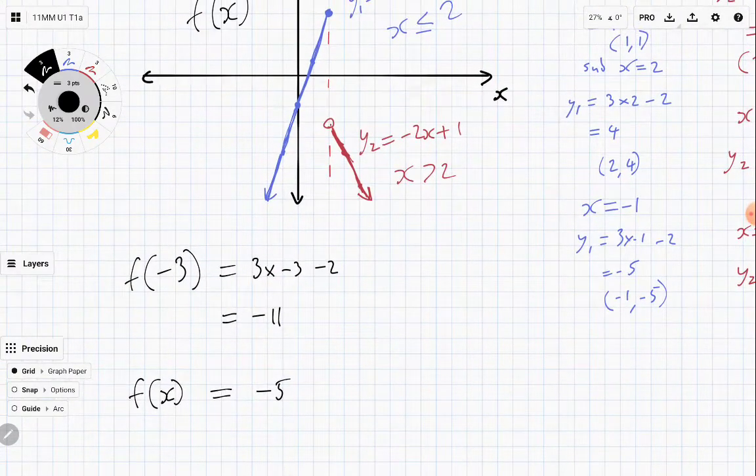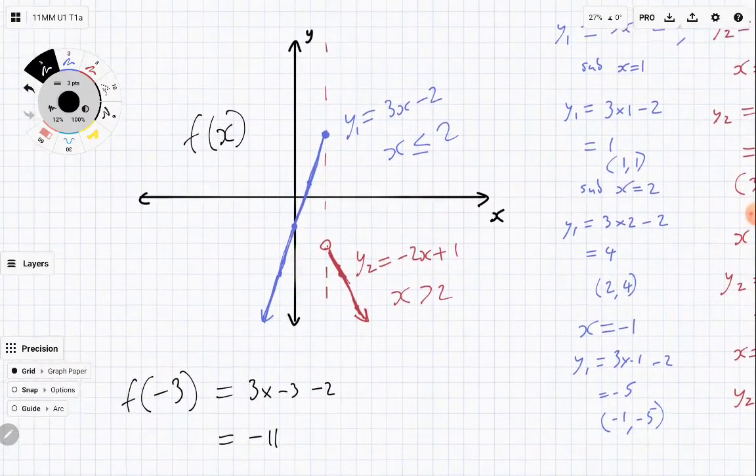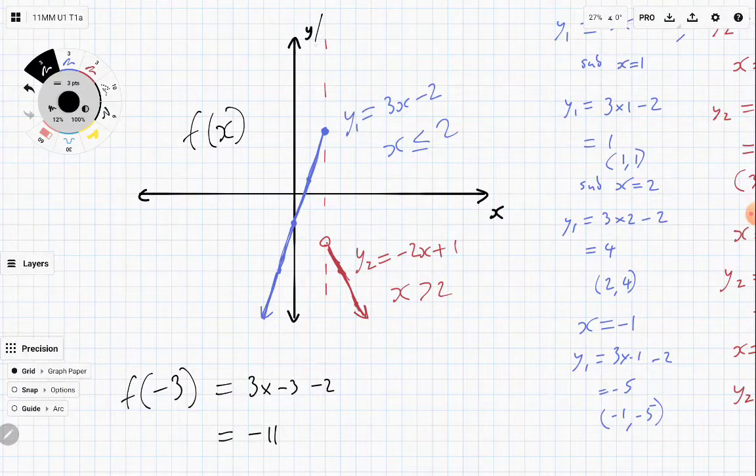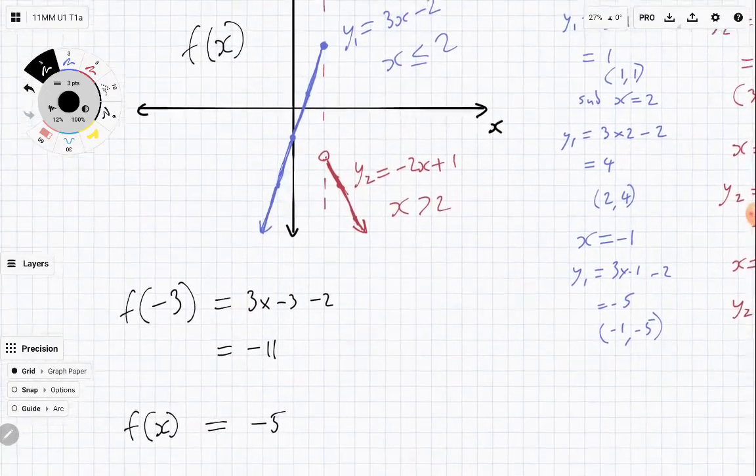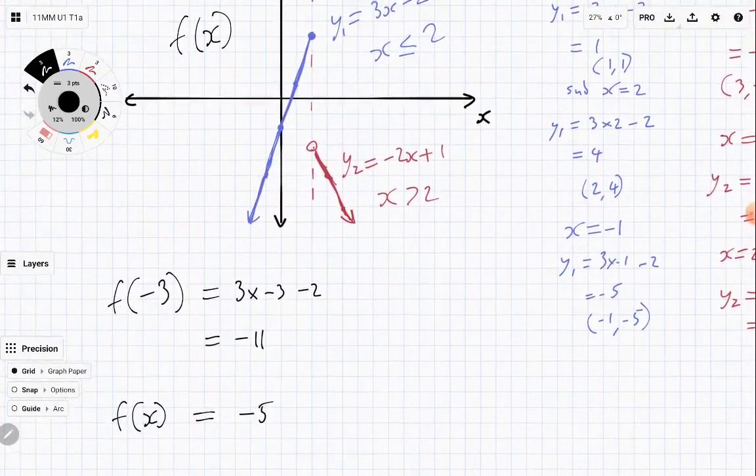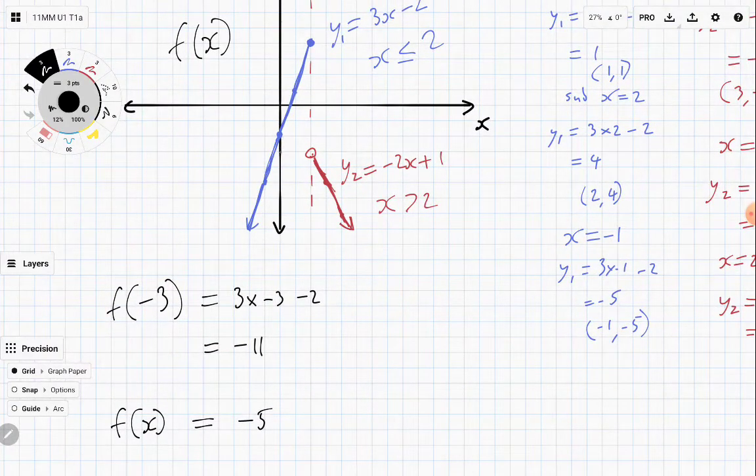When does y, which is f of x, equal negative 5? Well, y equals negative 5 happens right here. And you can see that there are two solutions here. There's one on y1 and there's one on y2. Now, we're lucky that we have a picture in this case because we can just read them off.